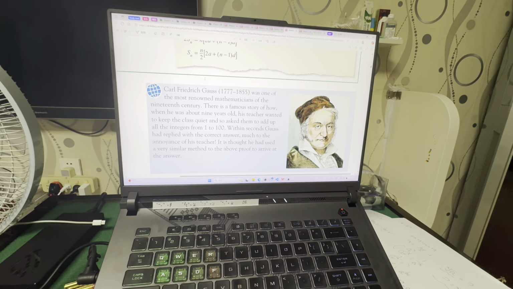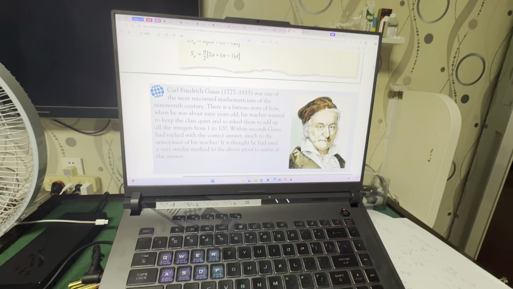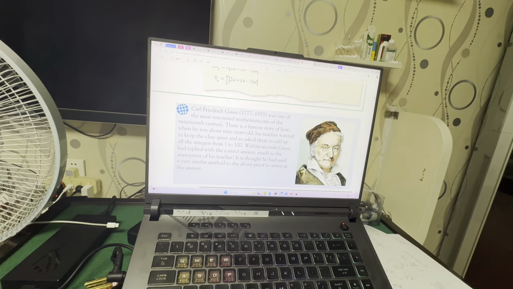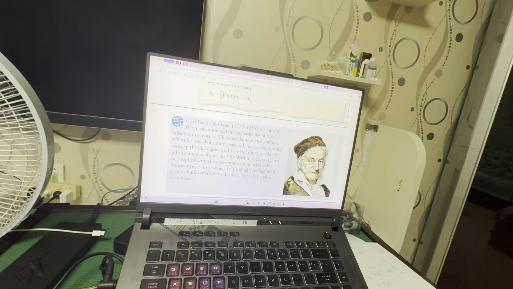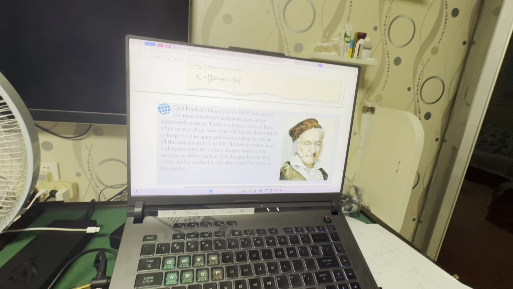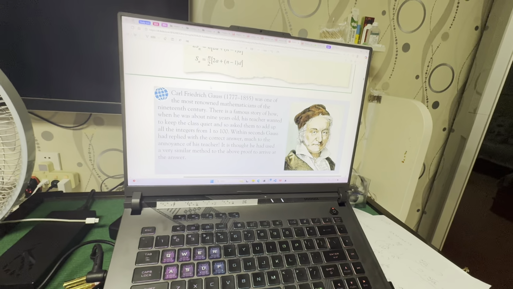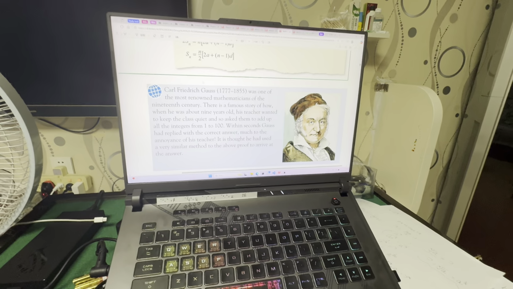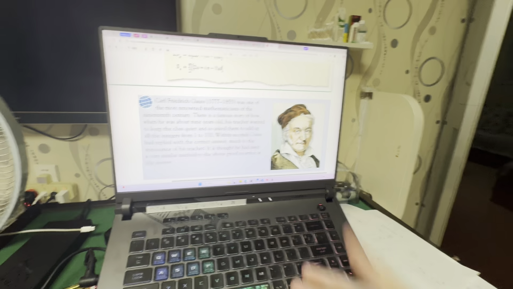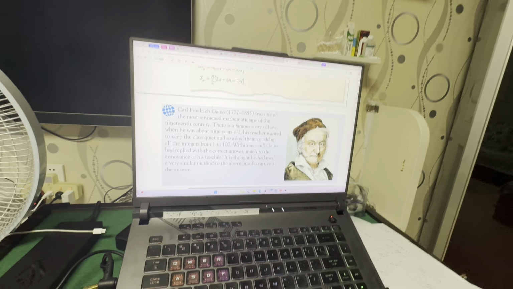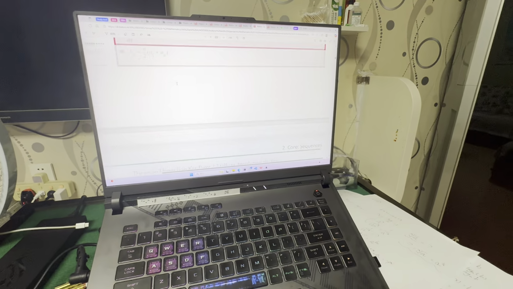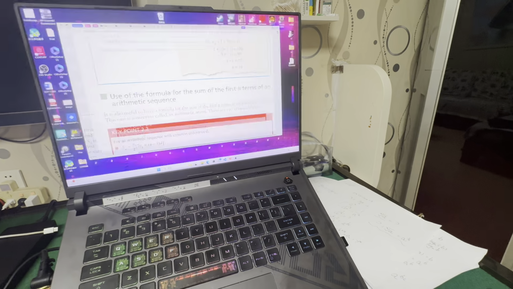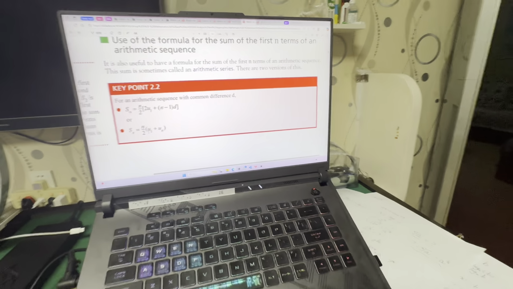His math teacher asked them to calculate the sum from 1 to 100. When other students were still calculating by hand, like 1 plus 2 plus 3 plus 4, Gauss just got the answer, 5050, because he used the same method as what we learned today. Oh my god, use this method.